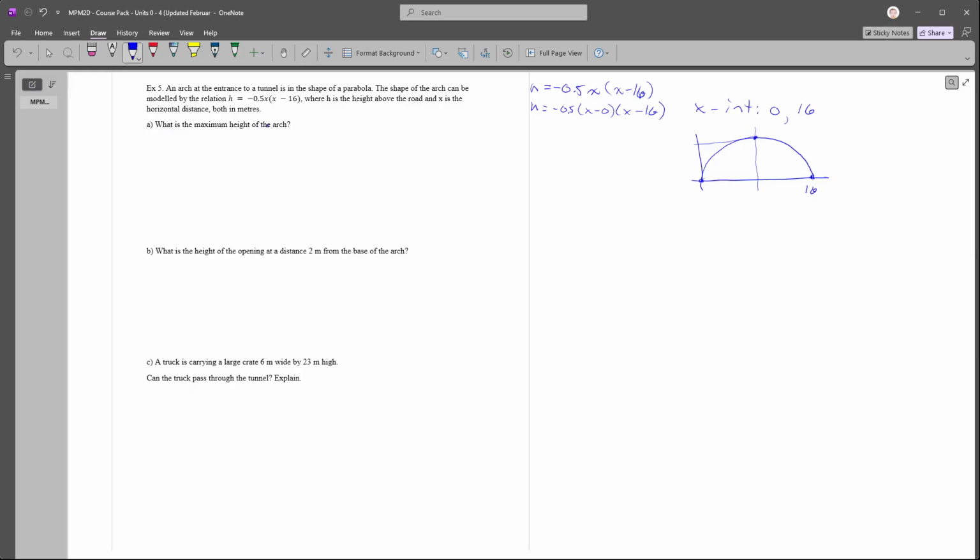So what is the maximum height of the arch? Where h is the height, and x is the distance over here. What is h at the vertex?